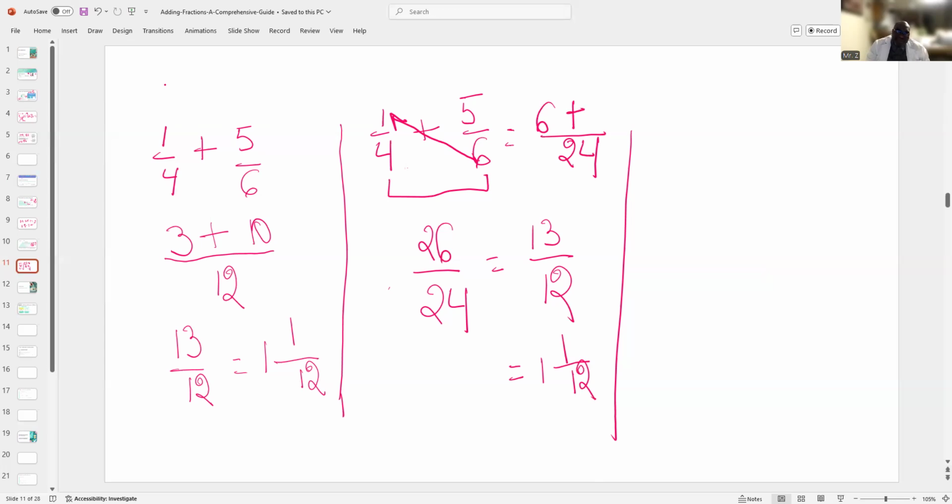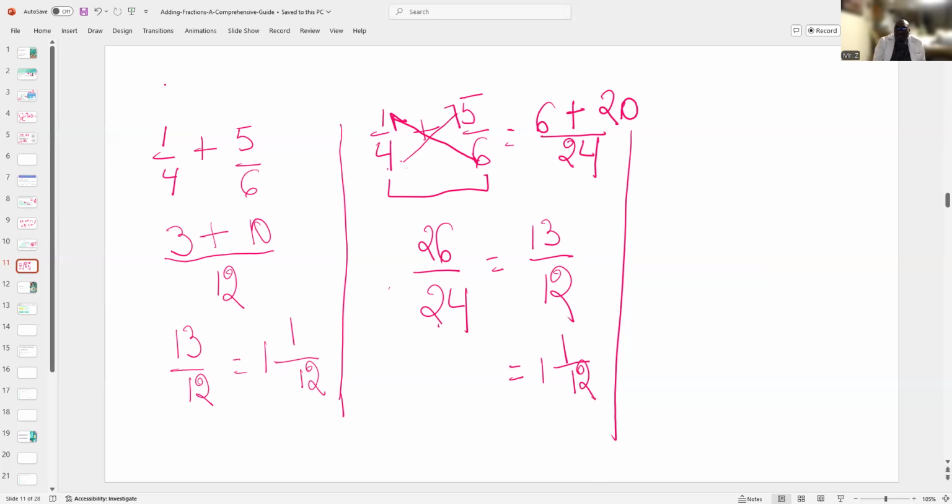Now multiply the denominator of the first fraction with the numerator of the second fraction. 4 times 5, you got 20. When you add them together, you have 26 over 24. Simplify by 2, you got 13 over 12. There are so many approaches you can do. Learn one and stick with it.